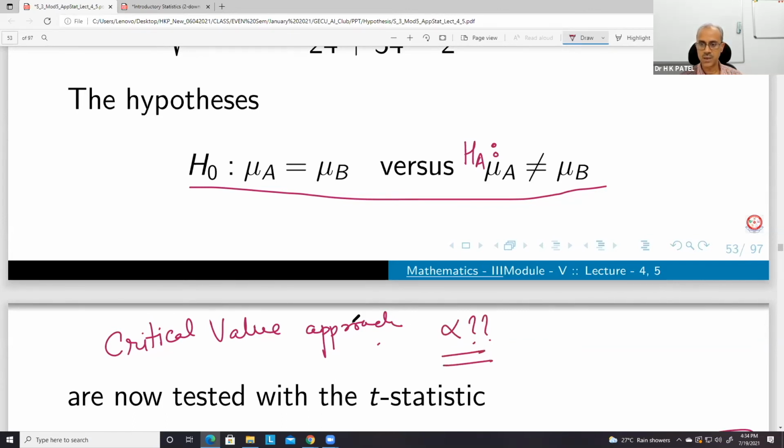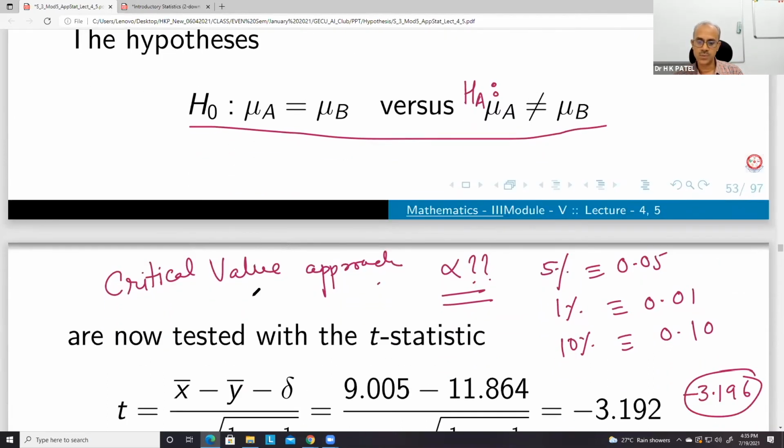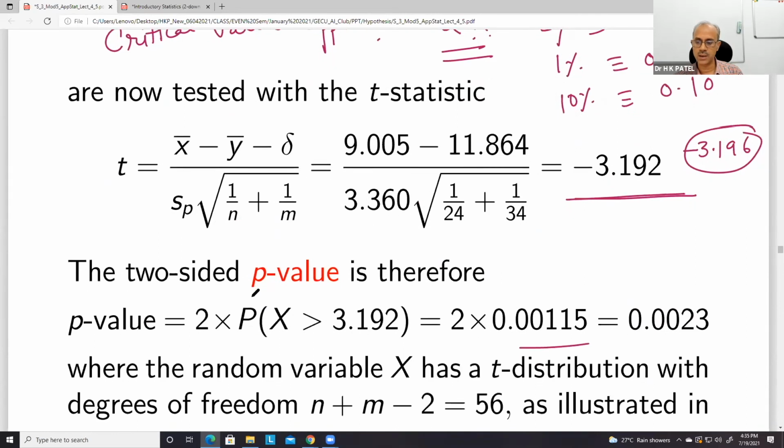Alpha is not given here, and therefore you can take alpha 5%, that is 0.05, 1%, that is 0.01, or 10%, that is 0.10. All right. So we can use this significance level, and then we can apply the critical value approach. So in case of two-sided, we know that T alpha by 2 is the critical value.